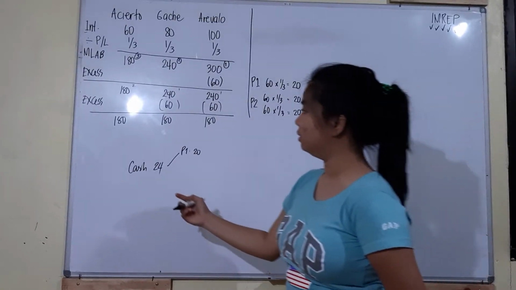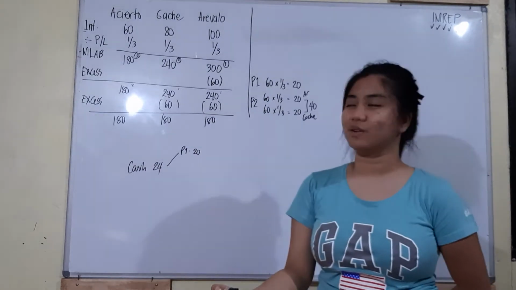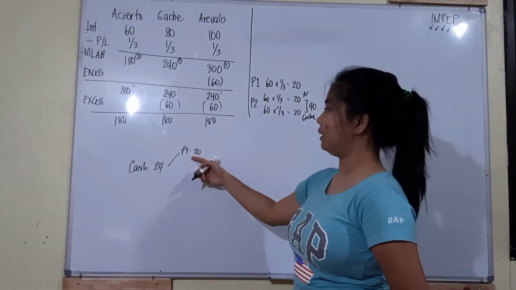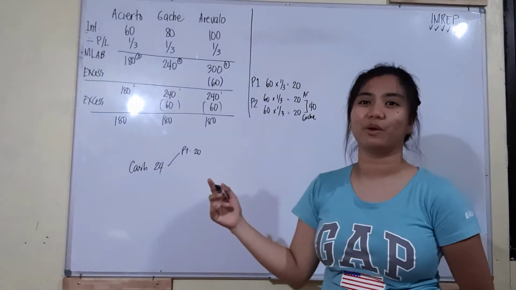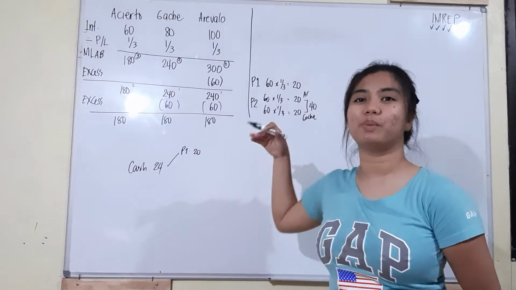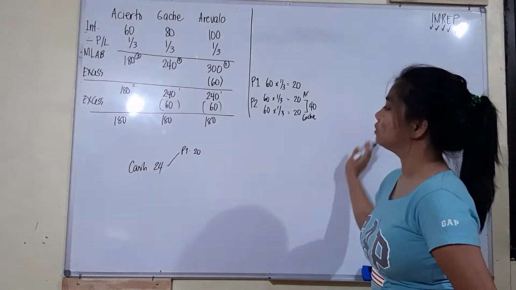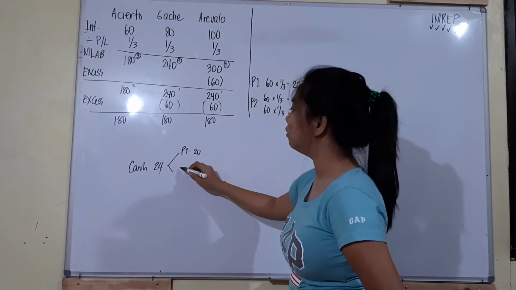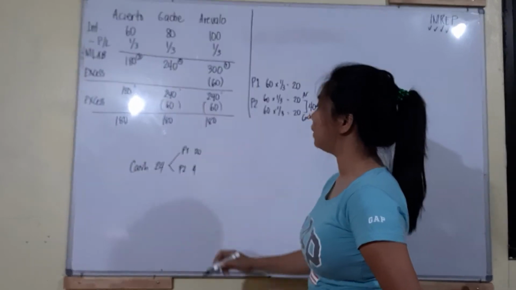So, ibig sabihin, kung mayroong tayong 24,000 na cash, 20,000 doon, mapupunta kay priority 1. Kasi siya yung unang priority. So, before natin bigyan yung priority 2, syempre, bigyan muna natin yung priority 1. Okay? So, meron pa tayo ngayon natitira na 4,000. So, yung 4,000 na to, mapupunta na siya kay priority 2.